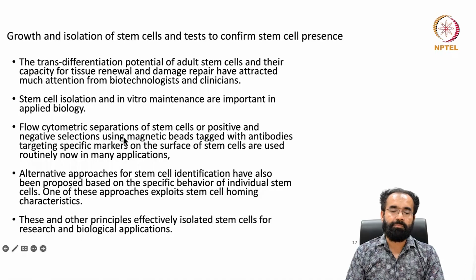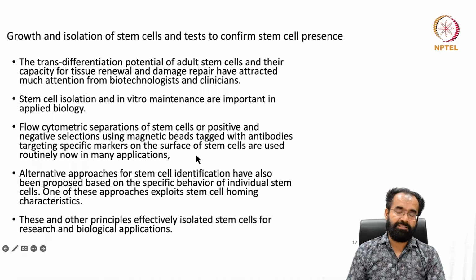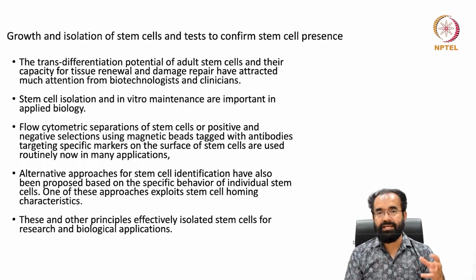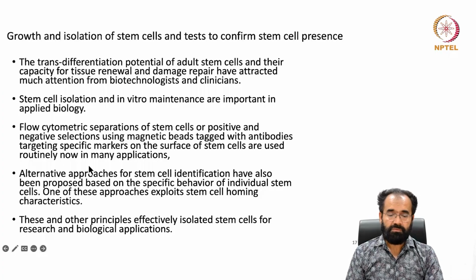Flow cytometric separation of stem cells, or positive and negative selection using magnetic beads tagged with antibodies targeting specific markers on the surface of stem cells, are used routinely now in many such applications. So you can have a mixture of, say, 100 cells, and in that only 5 are stem cells. I will be able to identify those 5 making use of the marker.